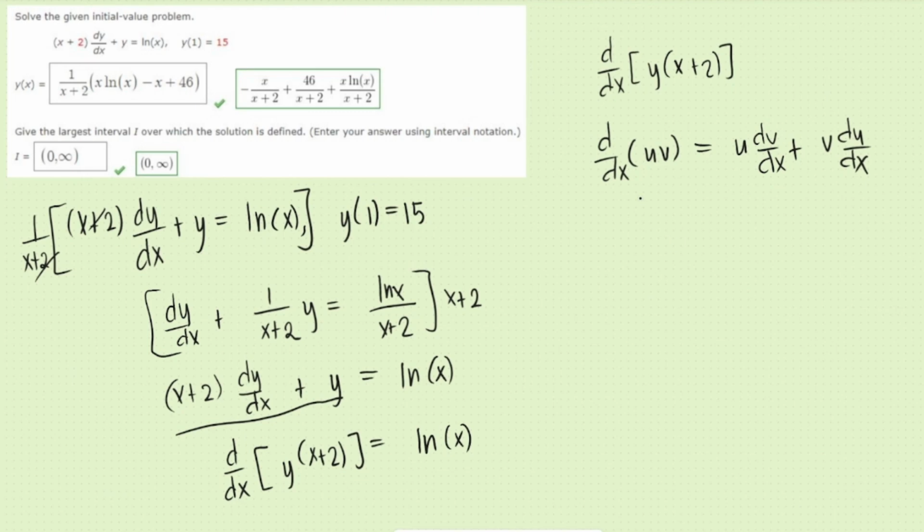If we derive this one, d over dx of y is dy over dx, and d over dx of x plus 2 is just 1.